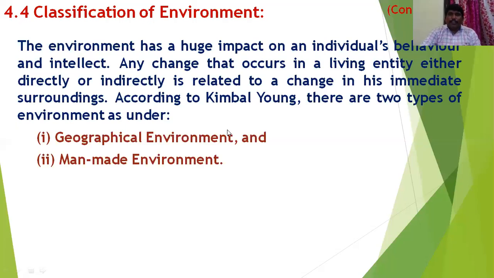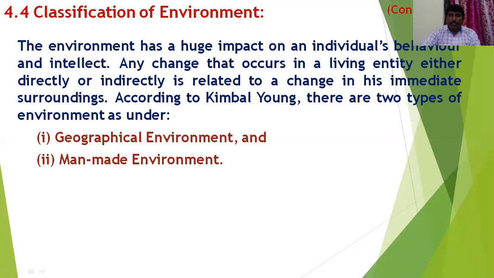The environment has a huge impact on an individual's behavior and intellect. Any change that occurs in a living entity, either directly or indirectly, is related to a change in his immediate surroundings. According to Kimball Young, there are two types of environment as follows: 1.